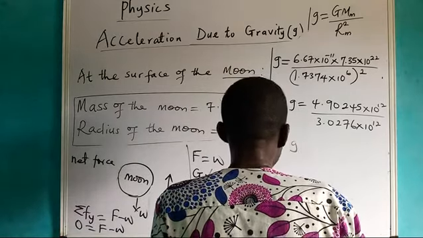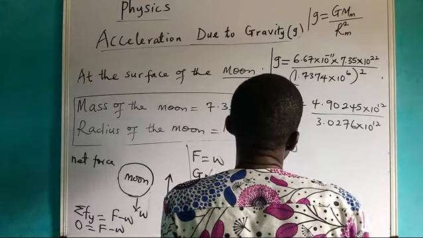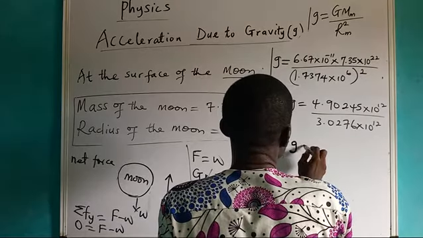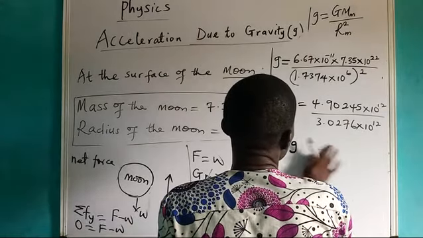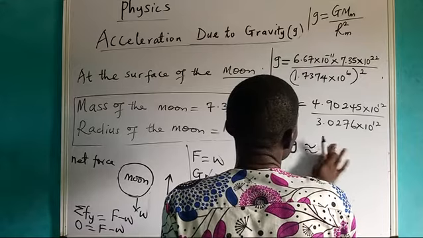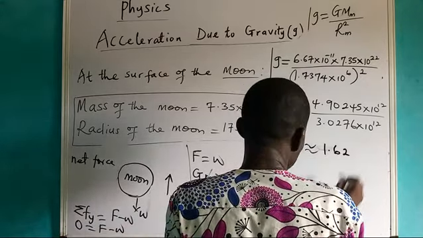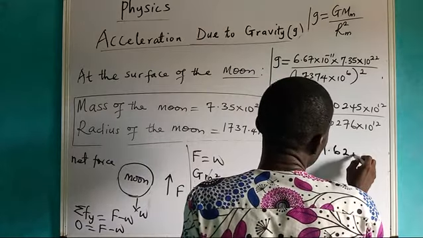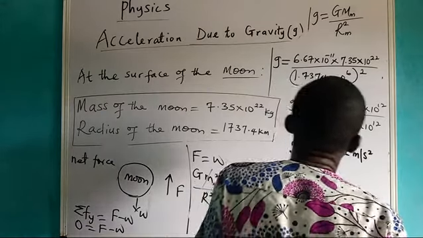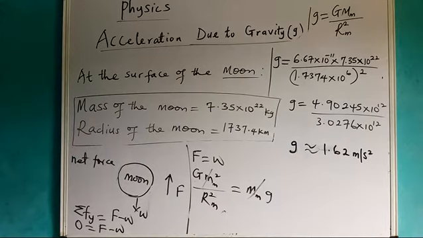You are going to have approximately, our g will be approximately 1.62 meters per second squared. That is the value for g at the surface of the moon, the acceleration due to gravity at the surface of the moon.